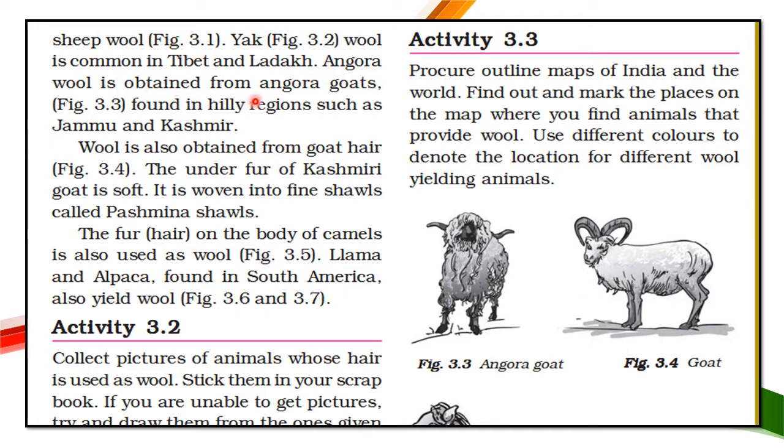Angora wool is obtained from Angora goats, figure 3.5, found in hilly regions such as Jammu and Kashmir. Wool is also obtained from goat hair. The under fur of Kashmiri goat is soft. It is woven into fine shawls called pashmina shawls.